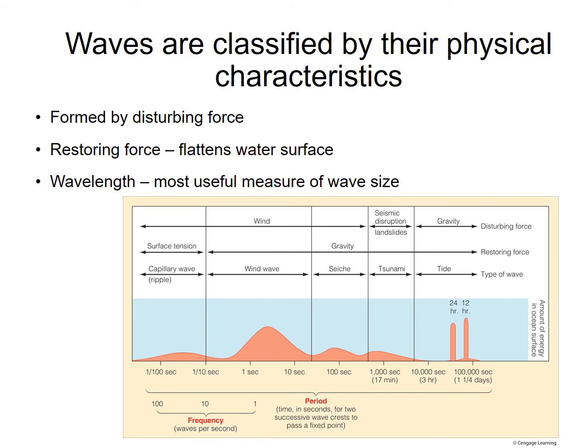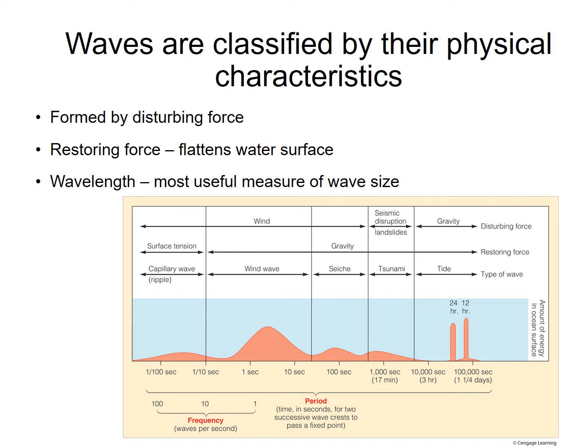And then we have a restoring force that flattens out the water surface. And the wavelength, this is the most useful measure of a wave size. So we have capillary waves.